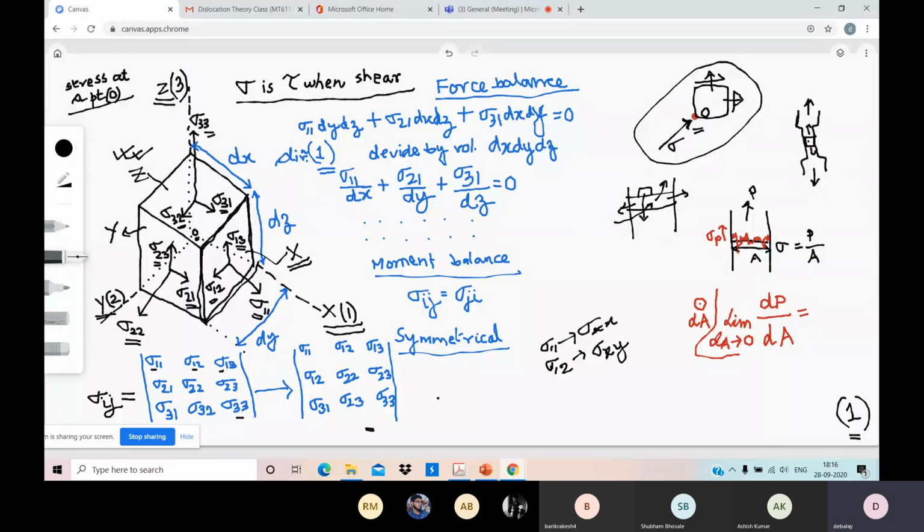Out of them, there are 3 normal components. The diagonals are basically the normal components, and the other terms are the shear components. And sigma ij is called the stress tensor. So in the form of tensor notation, the stress components can be represented.